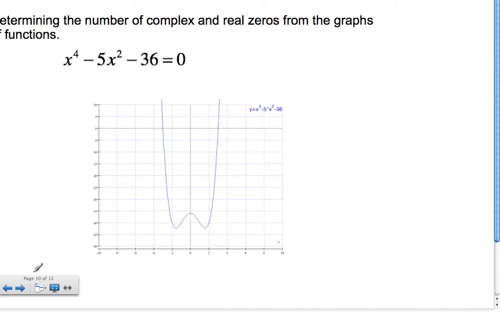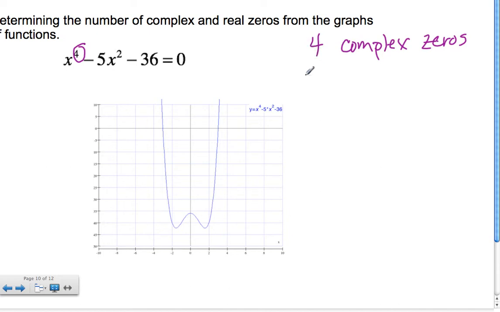Determining the number of complex and real zeros from the graphs of functions. This is an x to the 4th function. Because it's an x to the 4th function, it's going to have 4 complex zeros because of my exponent of 4.